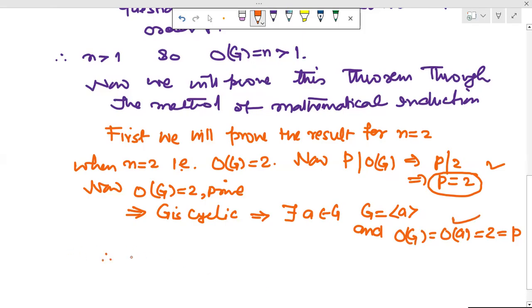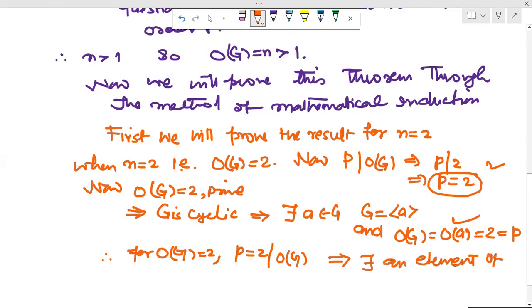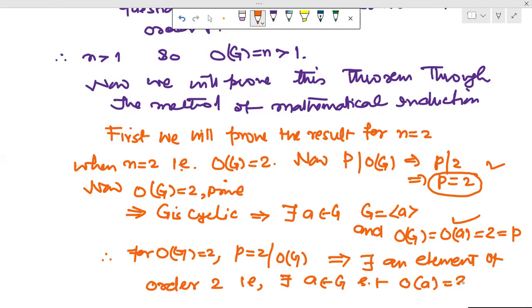So for the order of G equal to 2, P equal to 2 dividing the order of G implies there exists an element of order 2. That is, there exists a in G so that the order of a is equal to 2. Thus the result holds for n equal to 2.